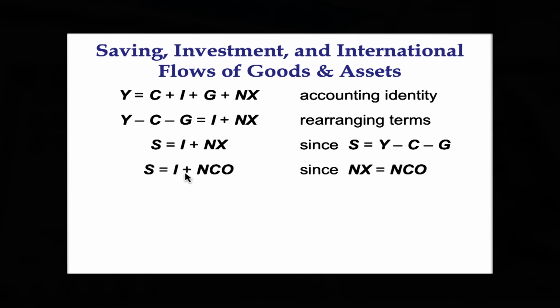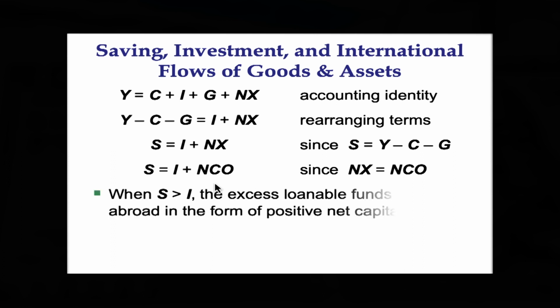And so we can see in terms of NX, we can replace it by NCO, which comes under the same ideology that NX and NCO are the same. And thereby we can see that when saving is greater than investment, then the excess funds flow abroad in terms of positive net capital outflow. Because if S is greater than I, then what does it mean?